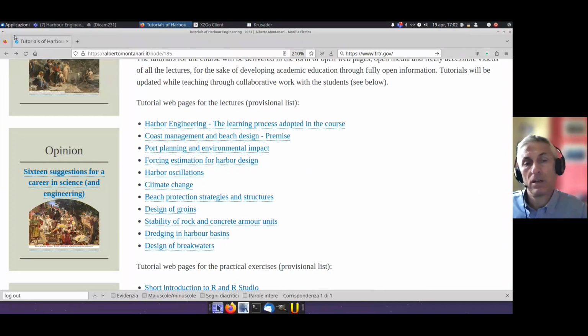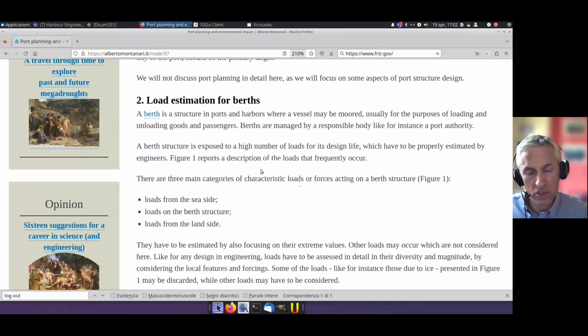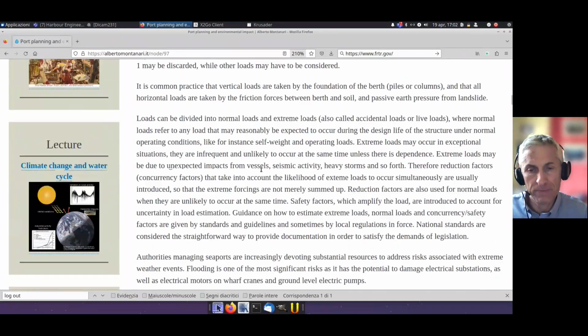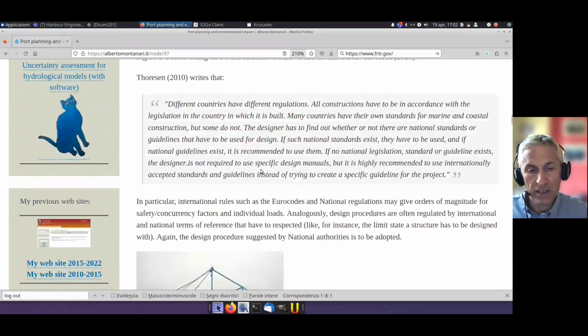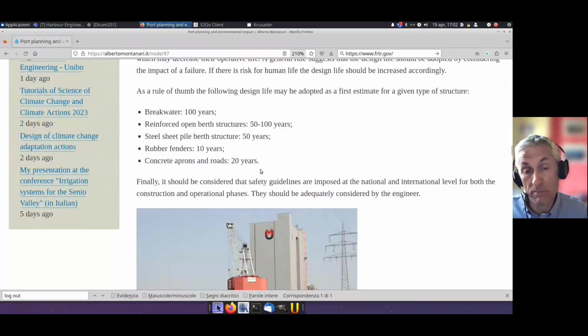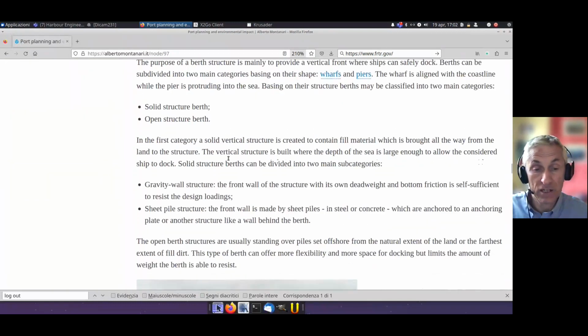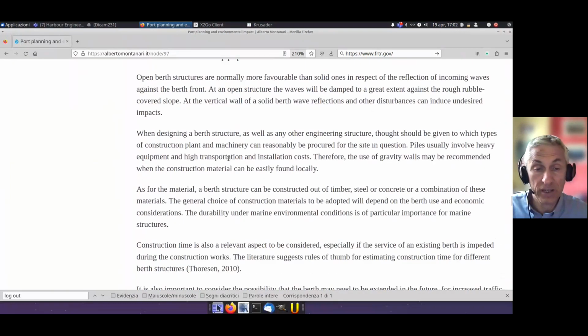Okay, port planning and environmental impact is a more technical lecture. Load estimation, this is something that is important. And design life is important. Just try to remember some of these design lives here. Berth structure, what type of berth structure we have.